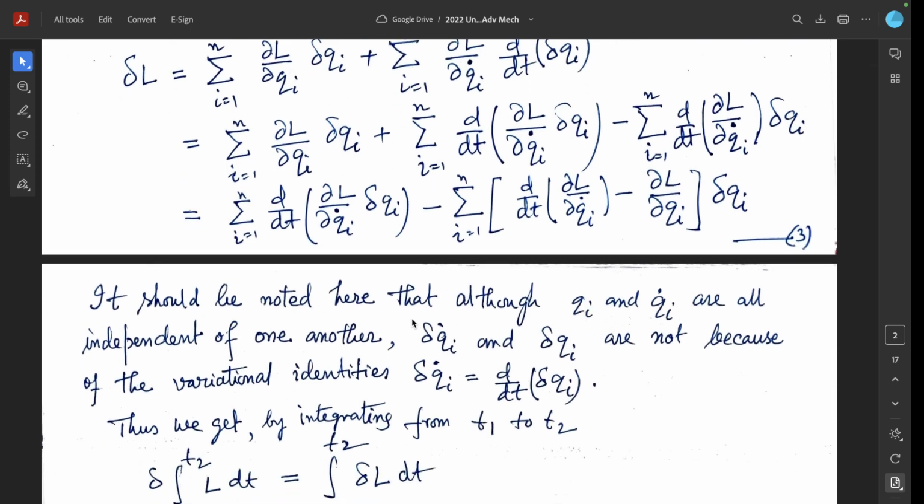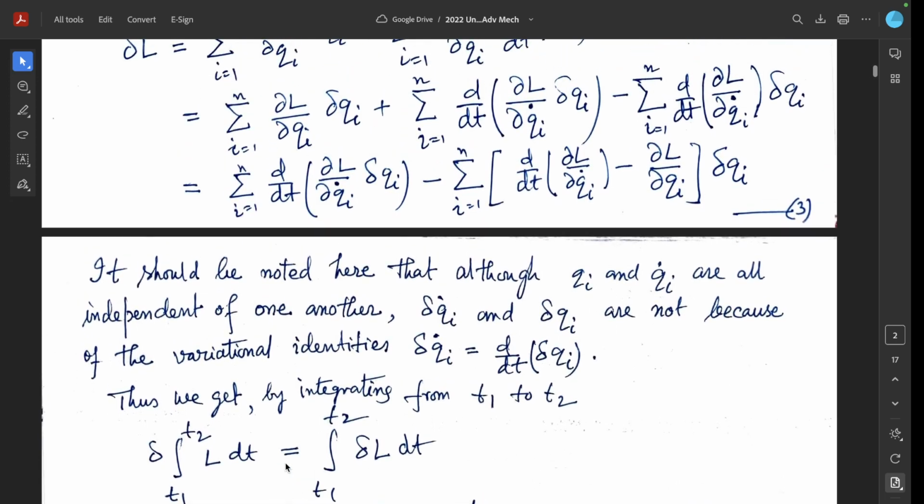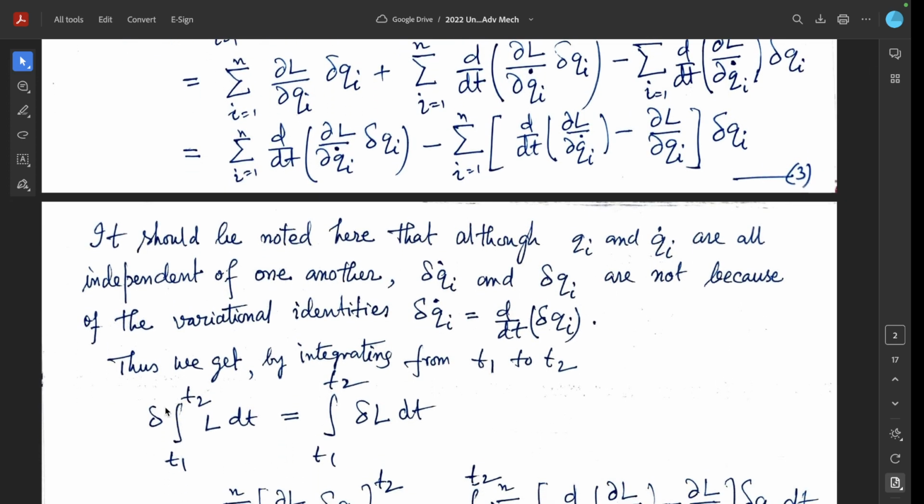It should be noted that although qi and qi dot are all independent of one another, delta qi dot and delta qi are not, because of the variational identity delta qi dot equal to d/dt of delta qi. Thus, integrating from t1 to t2, delta of the integration from t1 to t2 of L dt equals the integration of delta L dt.